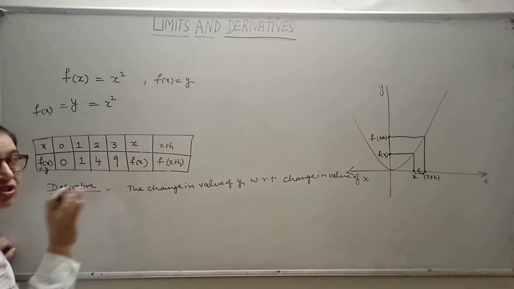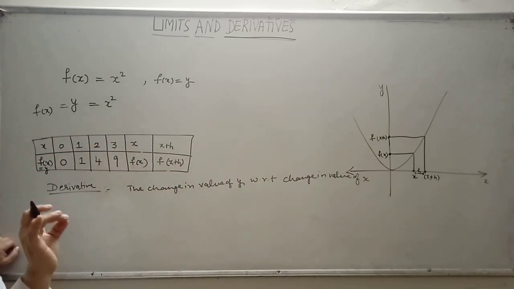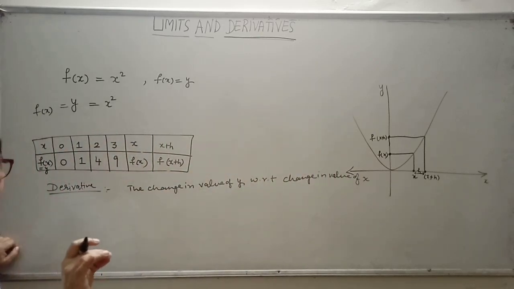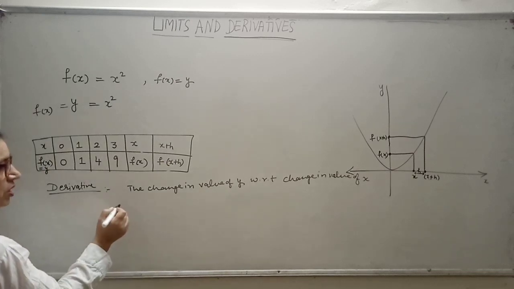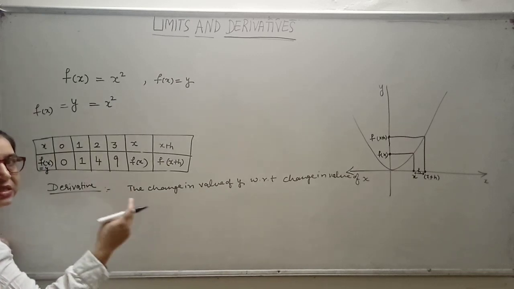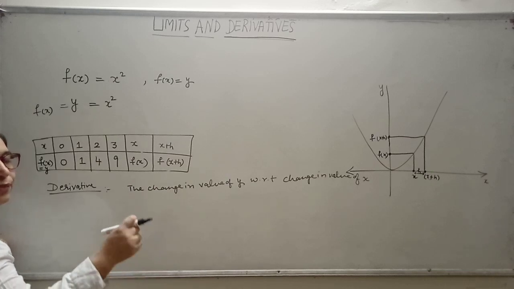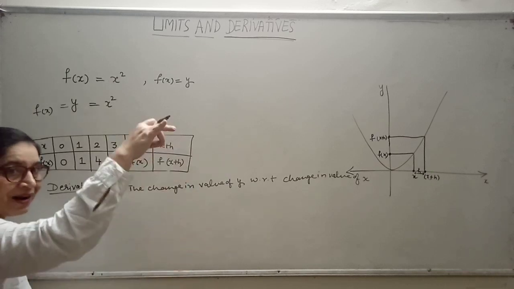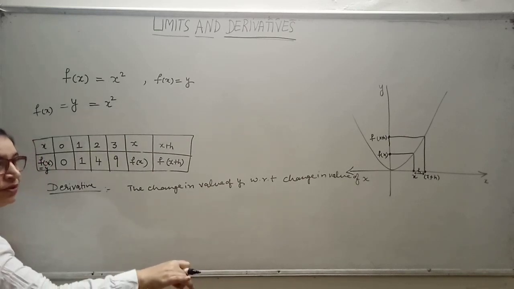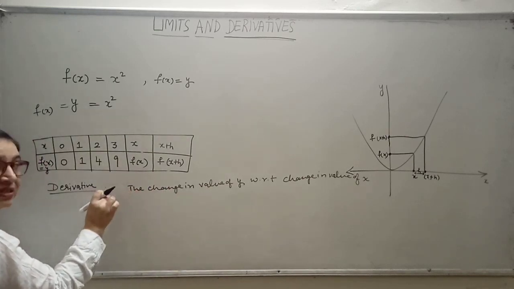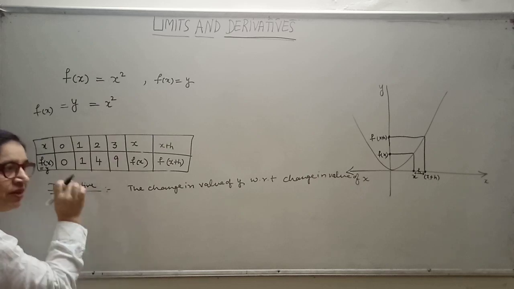And this derivative is used to find the instantaneous speed. There are two types of speed. One is the average speed, the other one is the instantaneous speed. It means what is the speed of a particular moving vehicle at a particular point. If you want to find that, it can be calculated with the help of this derivative only.